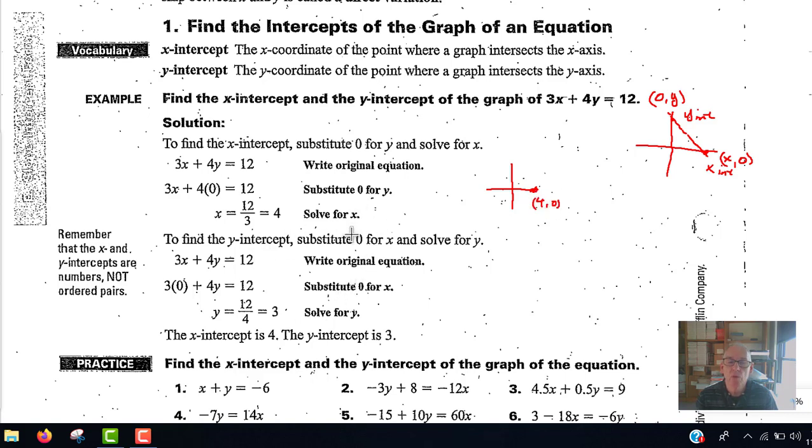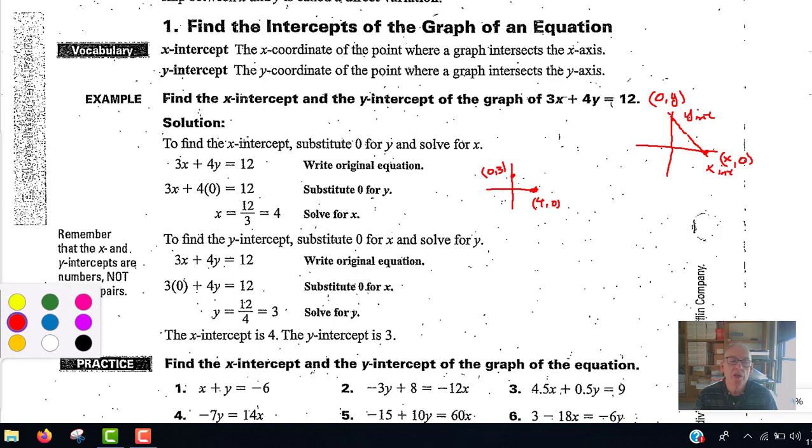We do the same thing for the y-intercept. Now you let x be 0, so you have 4y is equal to 12, which means that y is going to be 12 divided by 4, which is 3. So the y-intercept is 3. I'm going to go up 3 on the y-axis and put a point, and the coordinate of that point is 0, 3.